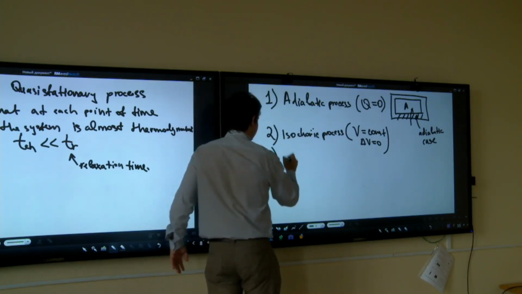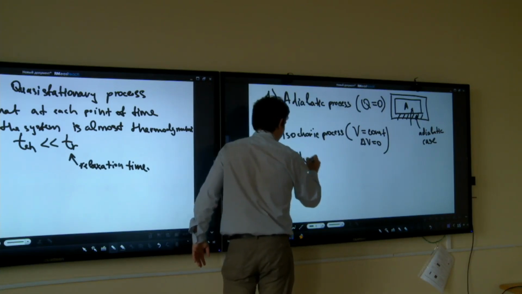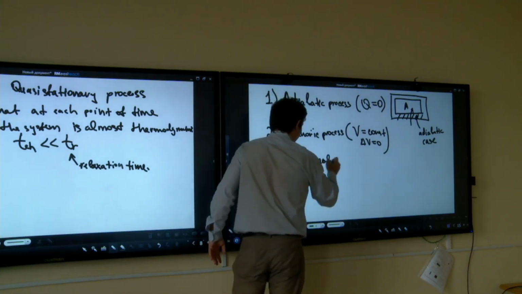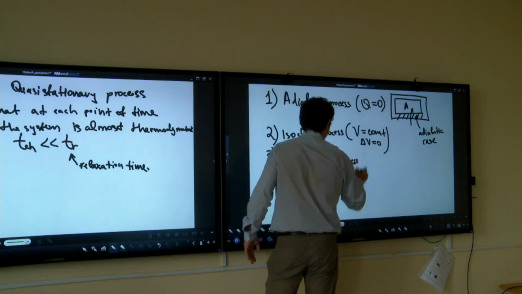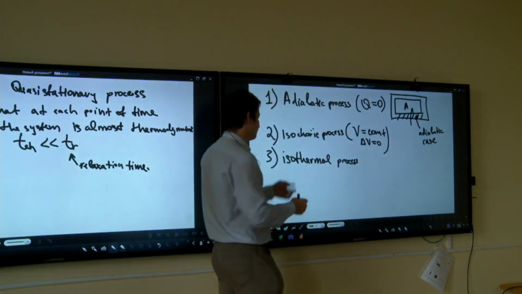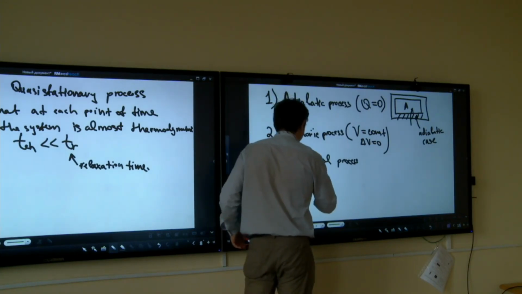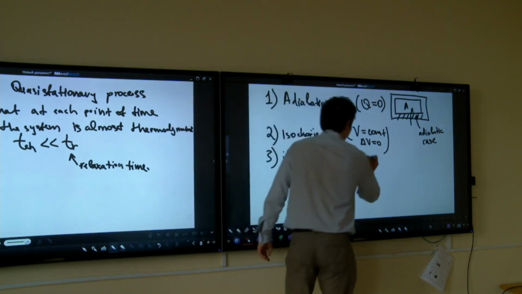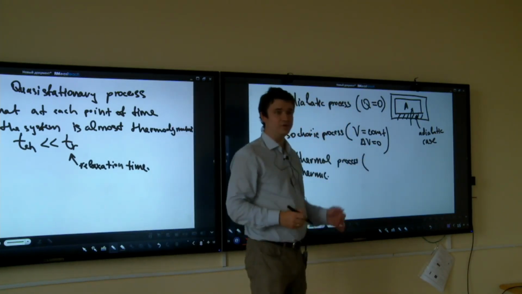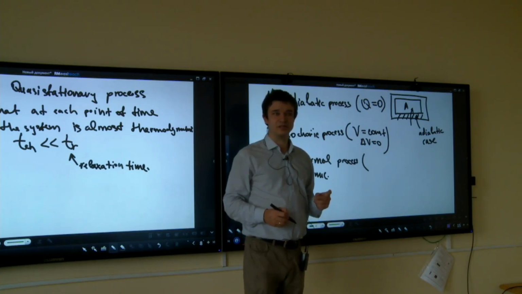Another process is isothermal, or it can be mistaken for isothermic. I don't remember now, actually. Probably isothermal. In here, which value is constant? Temperature.